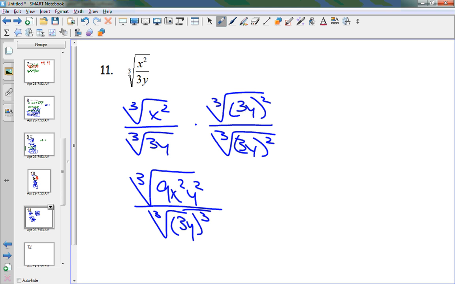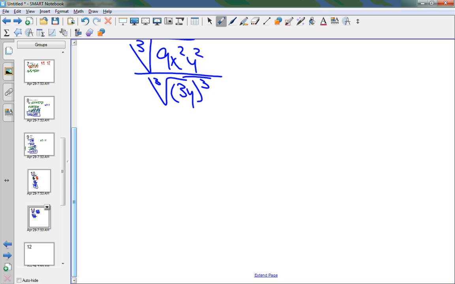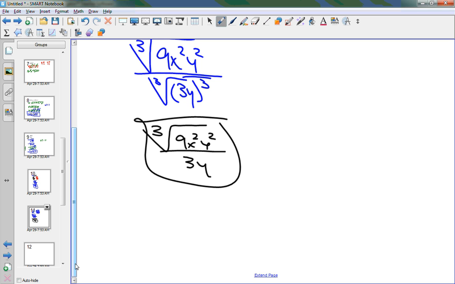They cancel, to give me the cube root of 9x squared y squared all over 3y. Can't you cancel out the y? No, because the y represents the radical at the top, and at the bottom there is no radical. Not the same pattern, not the same index. Are we good on that? Yes?